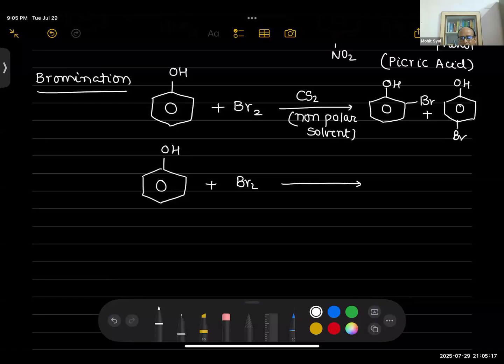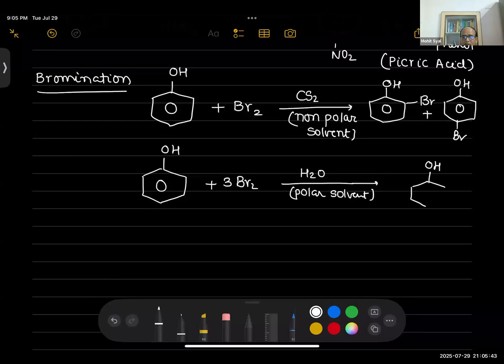And if you take water, aqueous medium, as the solvent, you observe a very different thing. The Br gets attached on all three positions of the phenol.